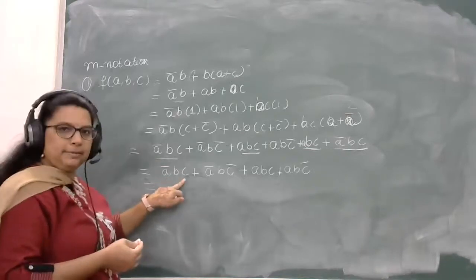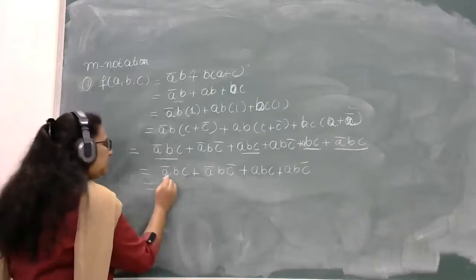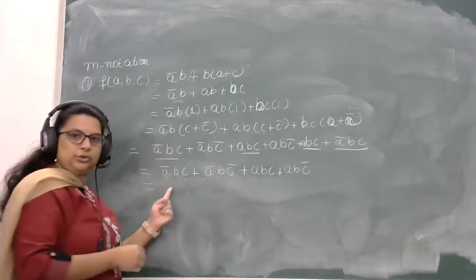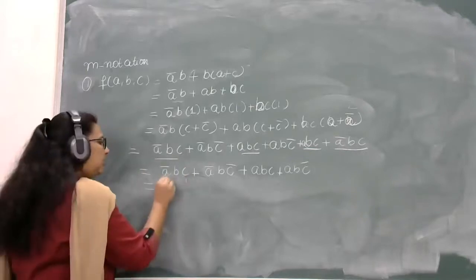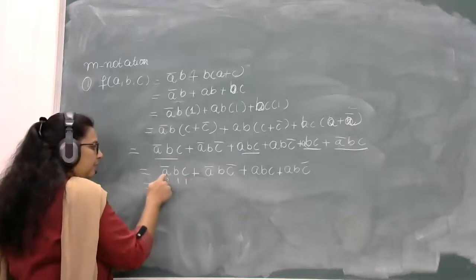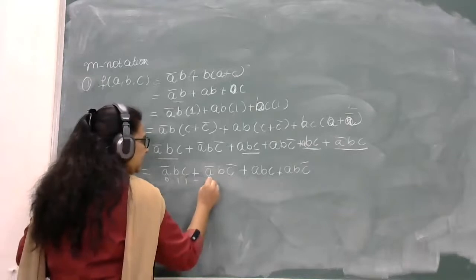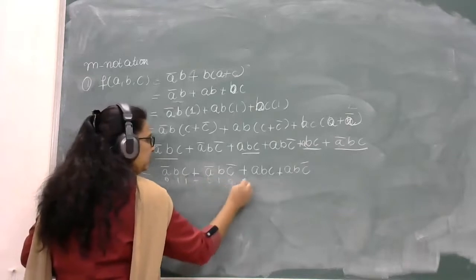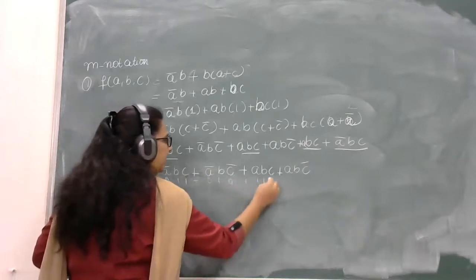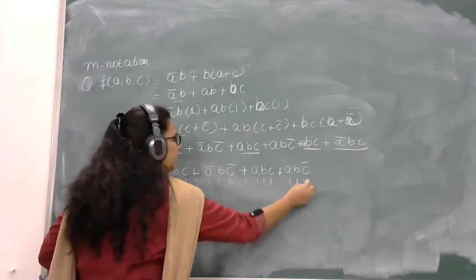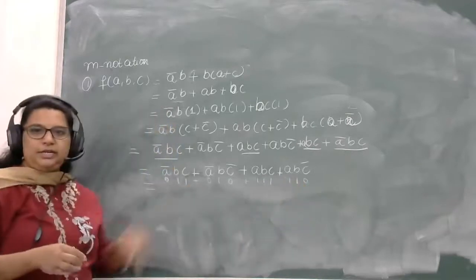A bar bc, what is this? This is nothing but 0 1 1, correct? A bar is 0, b and c are represented by 1. Plus what is this? 0 1 0. What is this? 1 1 1. What is this? 1 1 0, correct? That is how I can represent it.